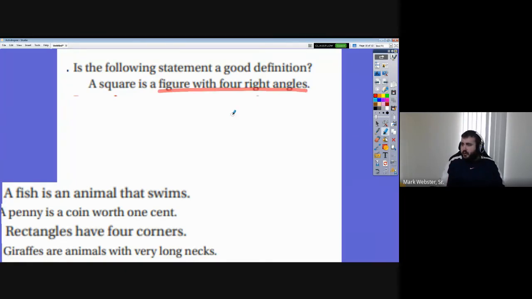But is a square the only figure with 4 right angles? No. And this is the problem. This is not specific enough. It's got to have 4 right angles. It's got to have 4 equal sides. Even though this could describe a square, a rectangle, one that's not a square, this is a great counterexample, right? So this one, not a good definition.